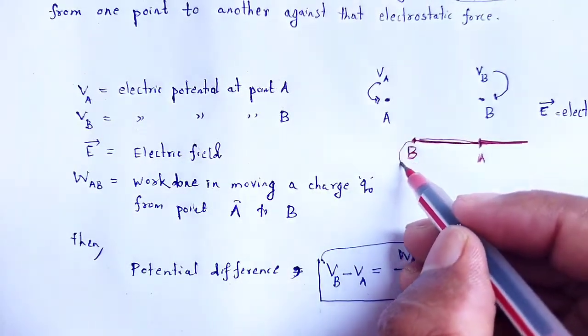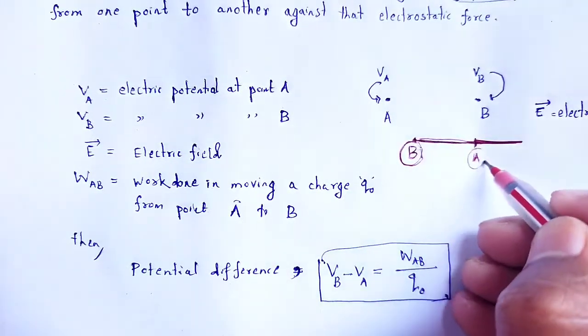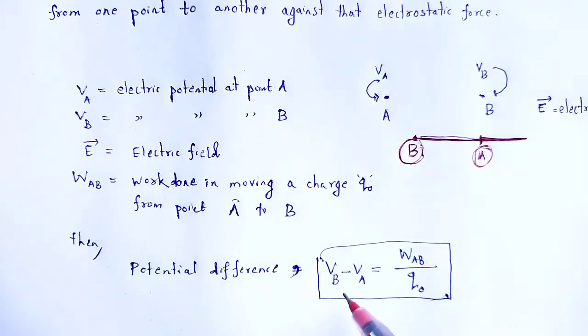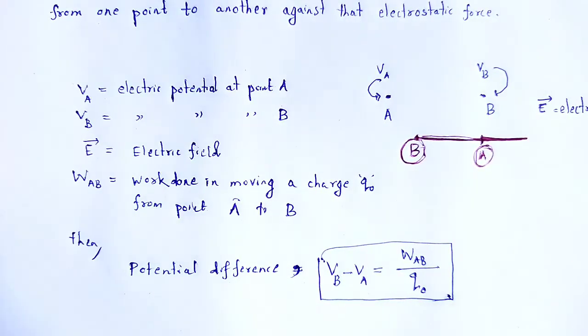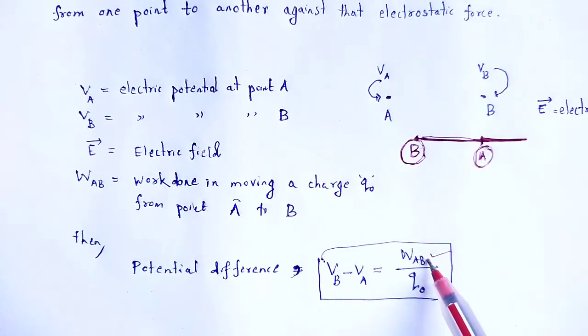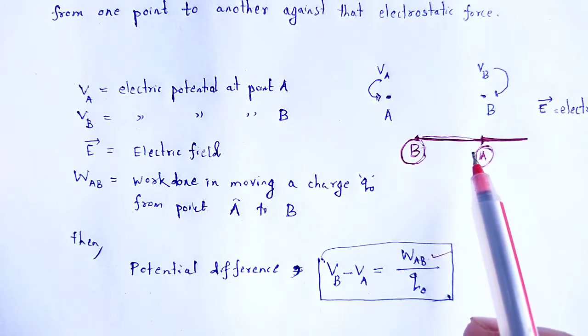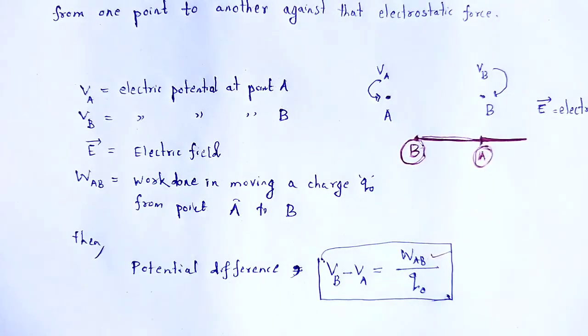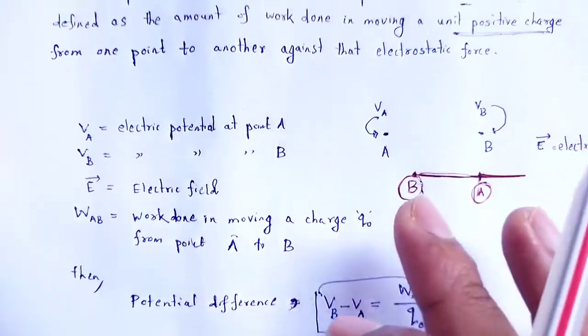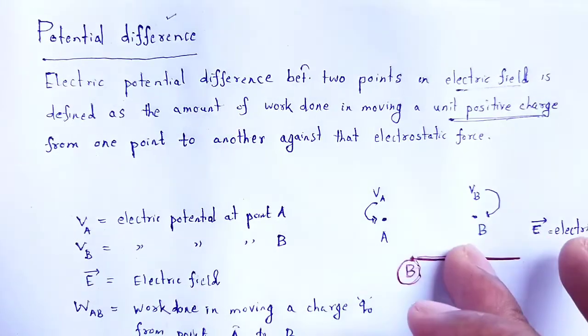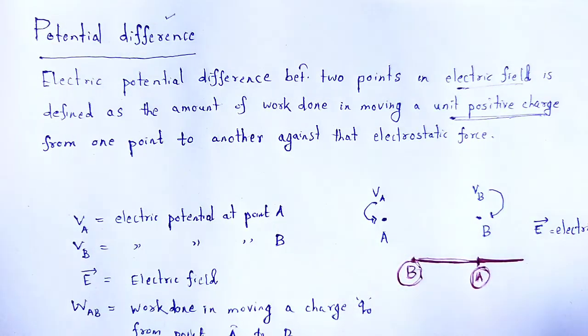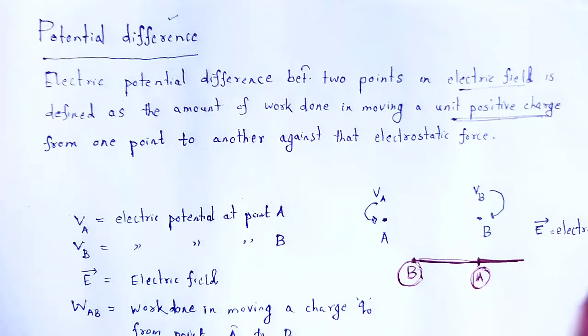So here at potential VB, here at potential VA, the potential difference will be VB minus VA, that is the work done in moving a charge Q naught from A point to B point divided by Q naught. That is the potential difference between 2 points when these 2 points lie in an electrostatic field.